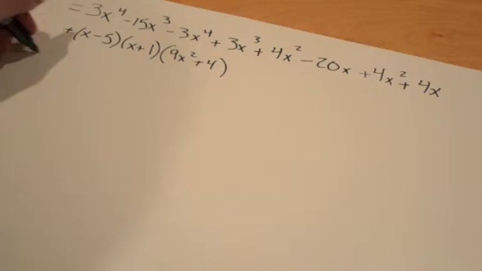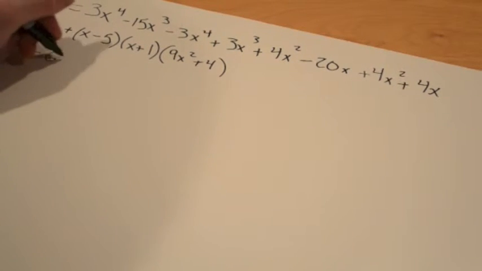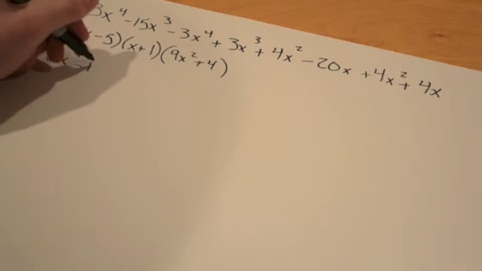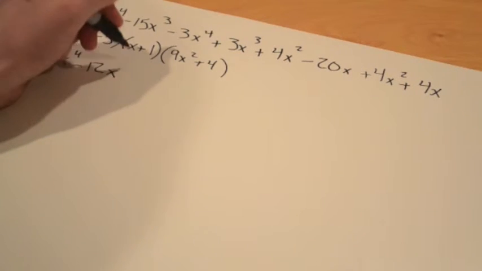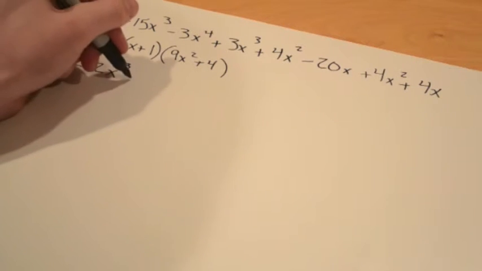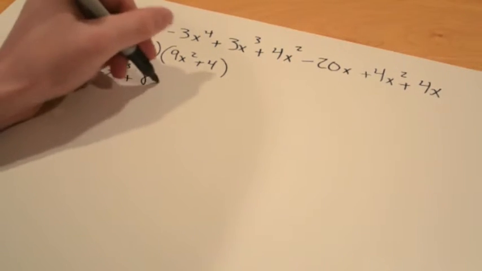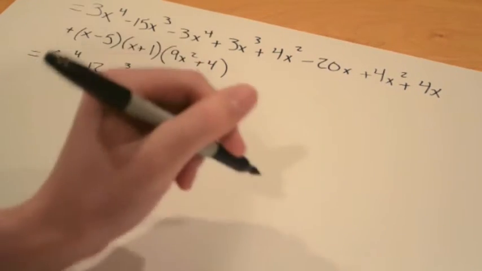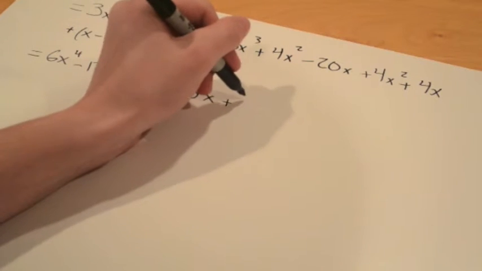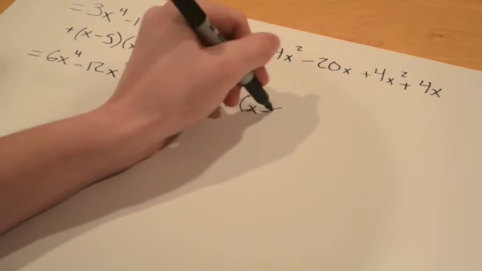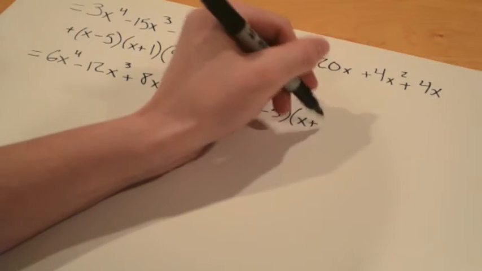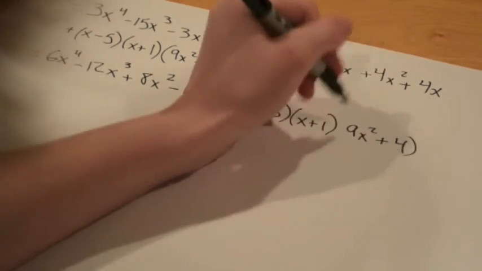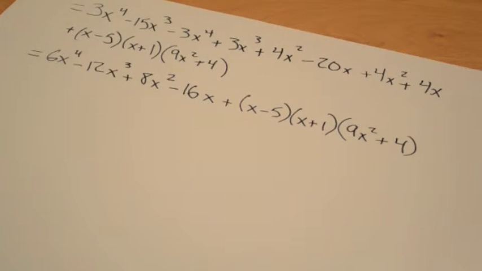So after you combine like terms, you're left with 6x to the fourth minus 12x to the third plus 8x squared minus 16x, and then you're left with the other side of x minus 5, x plus 1, and 9x squared plus 4 on the other side still, okay?